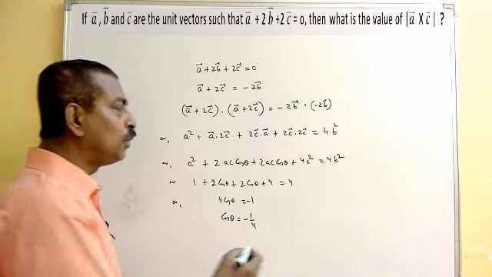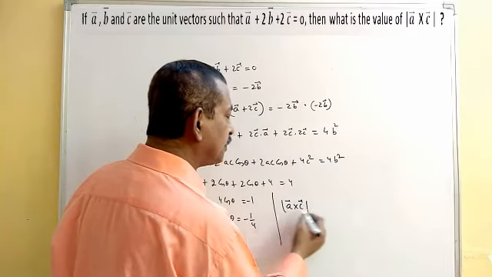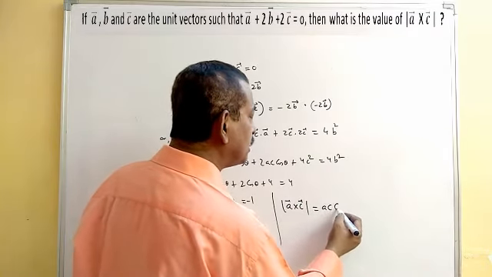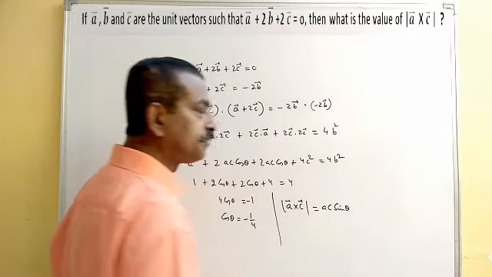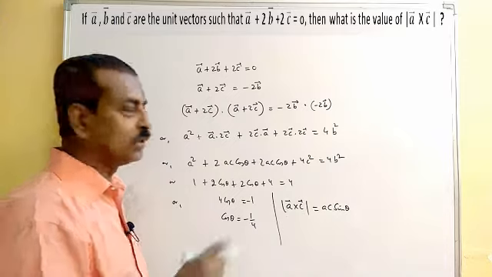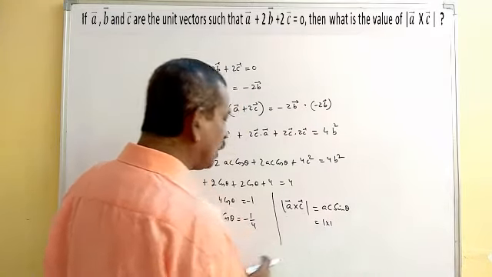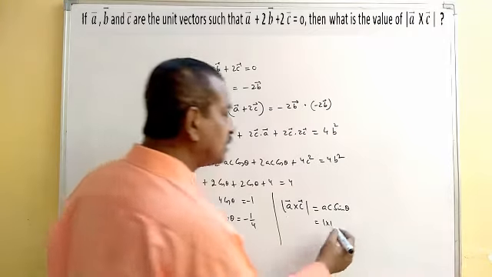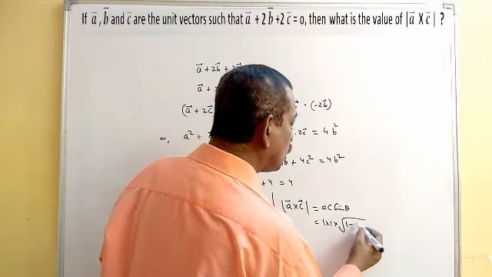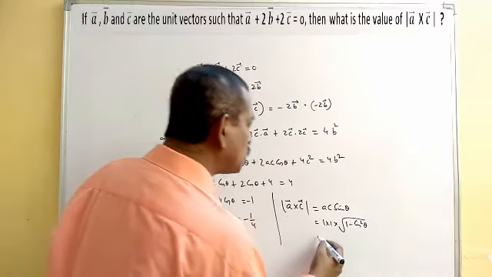Now what you have to find? You have to find the magnitude of A cross C. So it will be AC sine theta. A and C are unit vectors, so that will be 1. And now we have to get the value of sine theta. Sine theta, what can we write? The square root of 1 minus cos square theta.